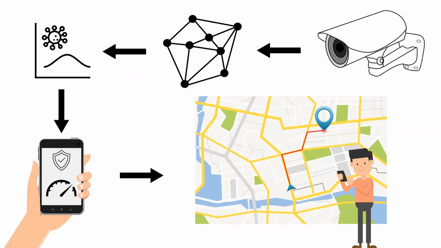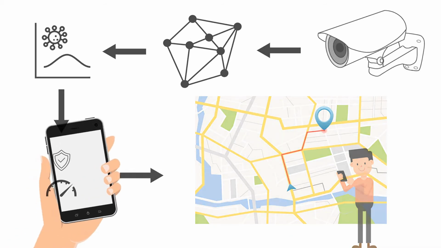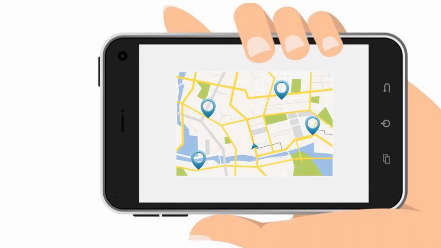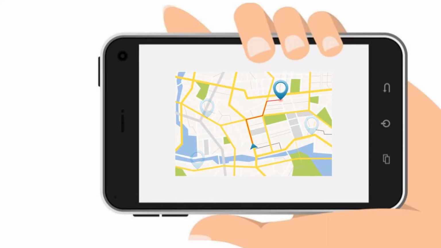This is where the role of the mobile app comes in. Compare the scores of the different supermarkets and then once it finds the safest supermarket, it can initialize some information and it can suggest a navigation path.